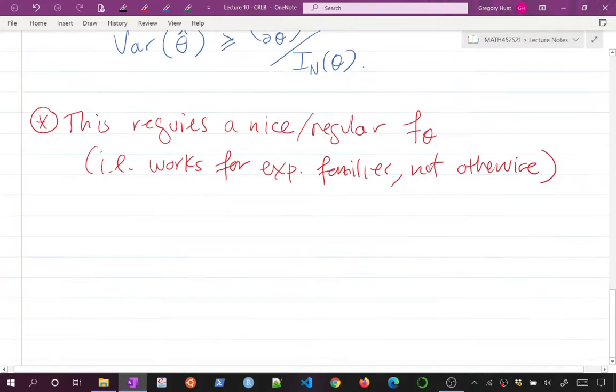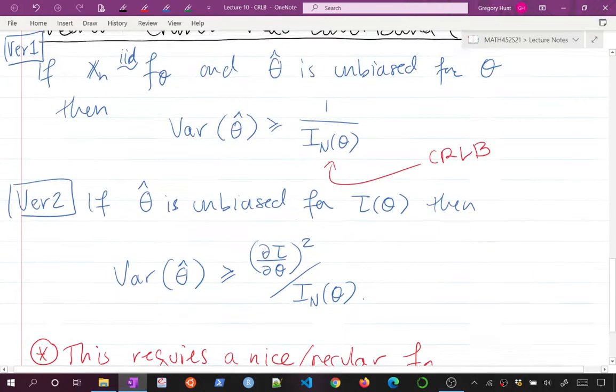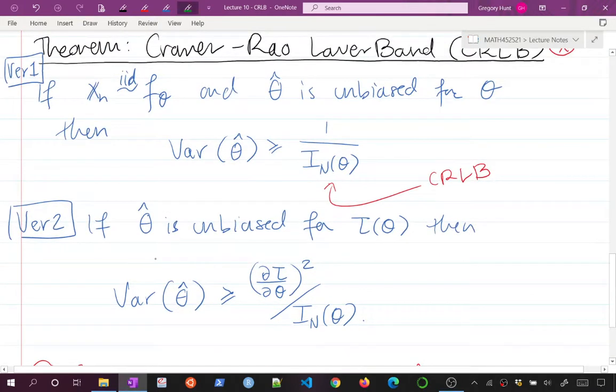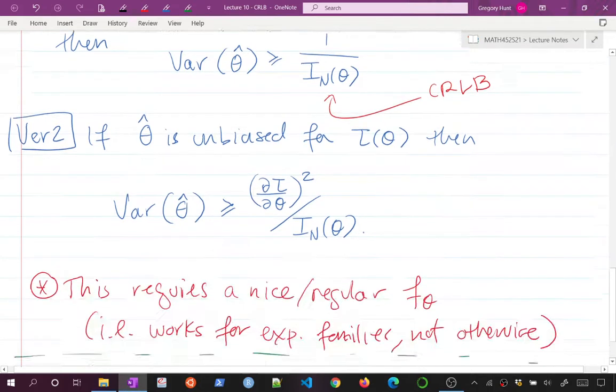So notice that, let's just put a dotted line here. Let's say proof of version 2. If you believe version 1, which we'll prove, you can prove version 2 from version 1.